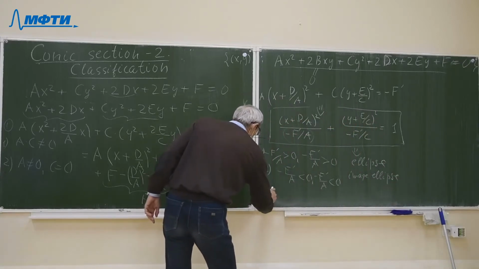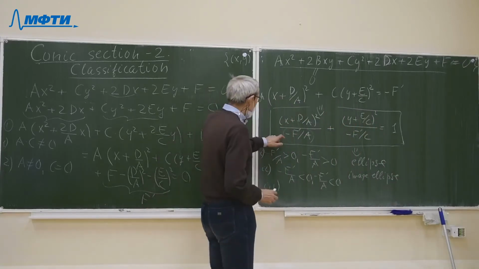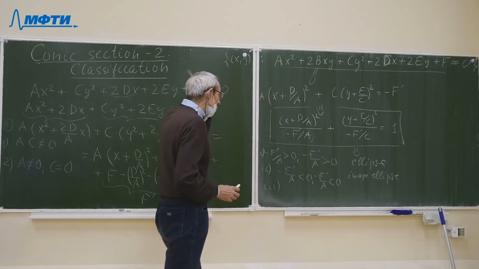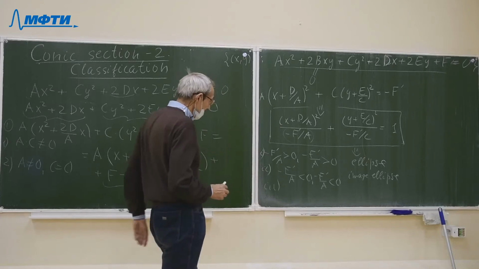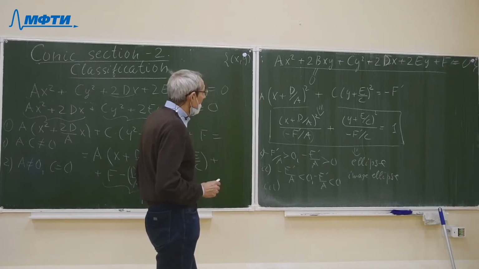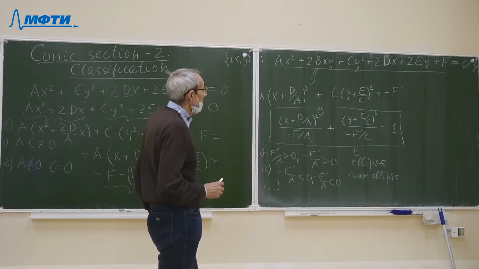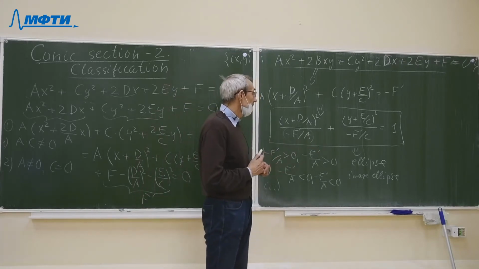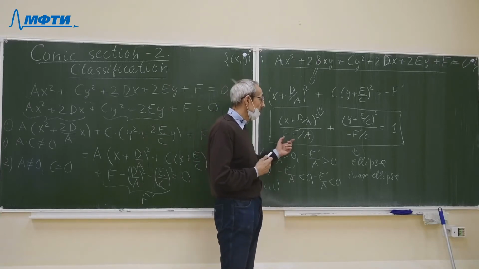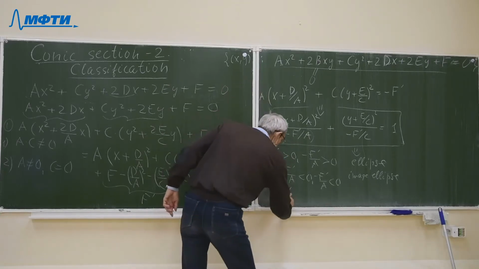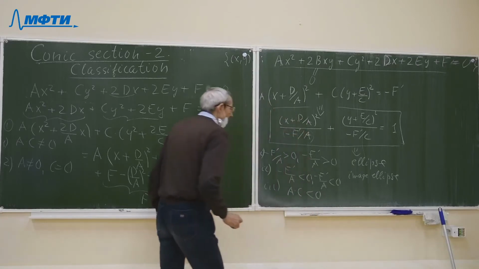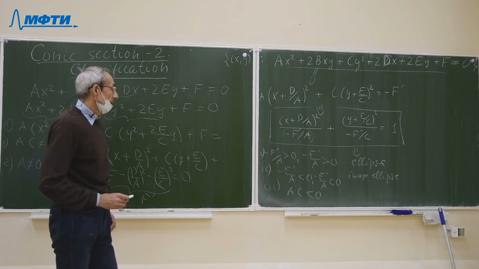In the case when the ratio of minus f prime to A and the ratio of minus f prime to C have different signs, the product AC is less than 0.